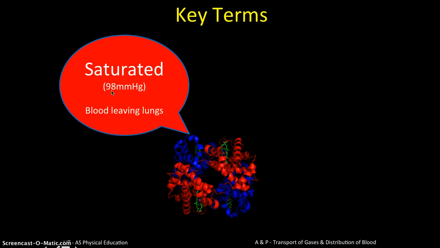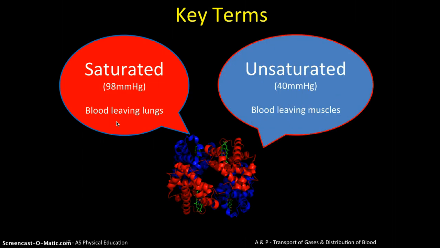And if it's just come past the lungs, for example, where gas exchange has happened, the blood will be fully saturated and it will go off to the body where the oxygen will be used. When it comes back from the muscles where it might have been used, the blood is less saturated or unsaturated. And the value you can see here to show how much oxygen is being held onto by the hemoglobin has dropped quite a lot. So venous return or venous blood would be unsaturated, whereas arterial blood would typically be saturated.